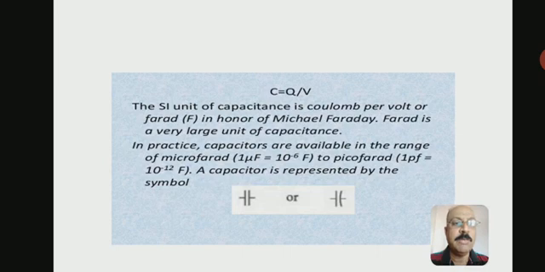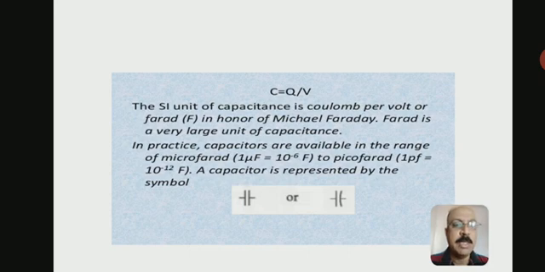The SI unit of capacitance is coulomb per volt, or farad, in honor of Michael Faraday. Farad is a very large unit of capacitance. In practice, capacitors are available in the range of microfarad, where 1 microfarad is equal to 10 to the power of minus 6 farad, to picofarad, where 1 picofarad is equal to 10 raised to minus 12 farad.